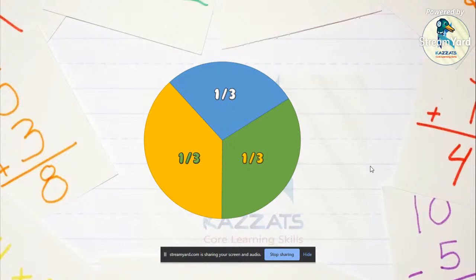That can be easily done in grade 1s and 2s. But when you are talking about odd numbers as the split parts, like the triangle or the pizza is divided into 3 equal parts or 5 equal parts or 7 equal parts, that is a tedious task. Tedious means it is a tough task. So it cannot be done easily.